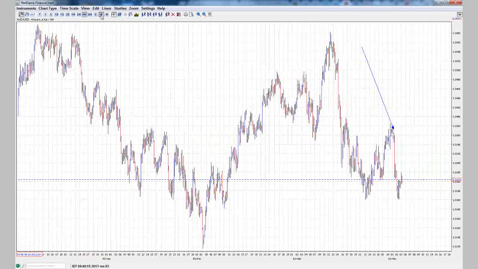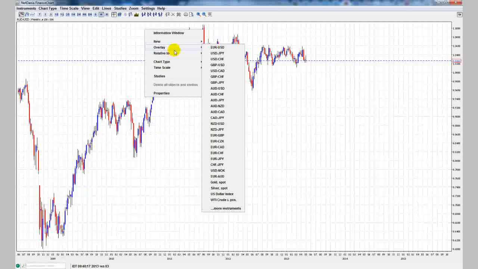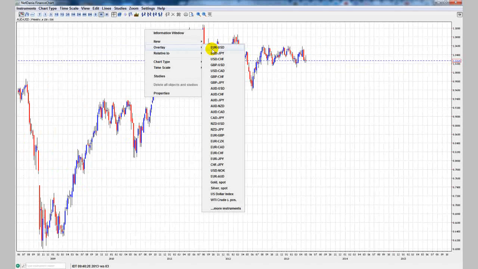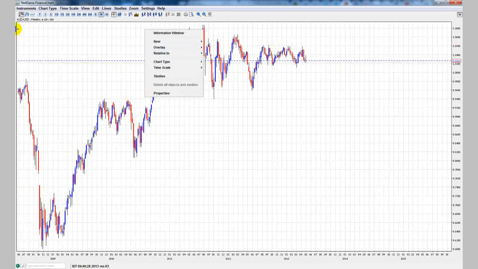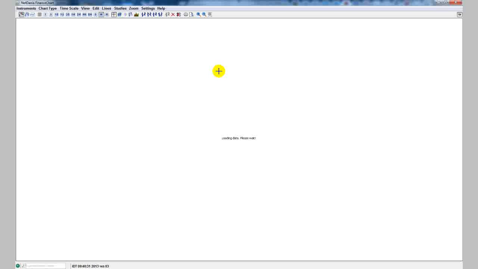The way to look at these two assets, I can make an overlay, and this is why I like this chart system, because I can use my overlay option, and I will put the Aussie dollar on the same chart as the dollar Canadian.